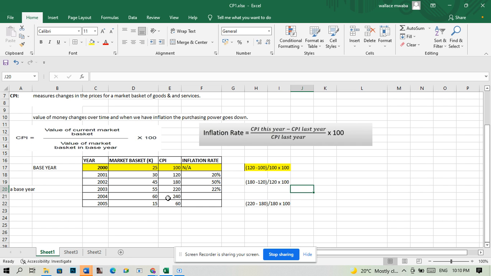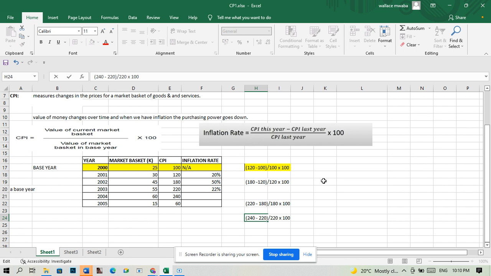We go to the year 2004. We're going to say 240 minus 220, divided by 220, times 100.